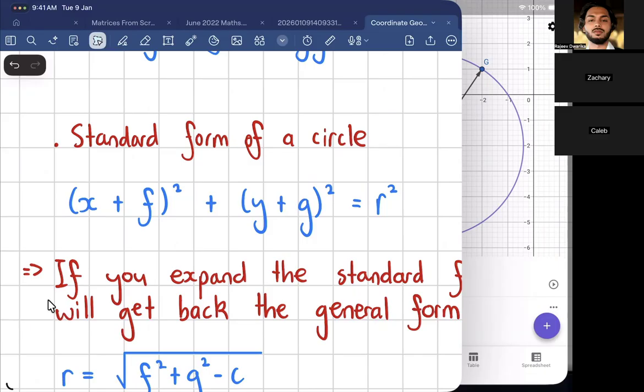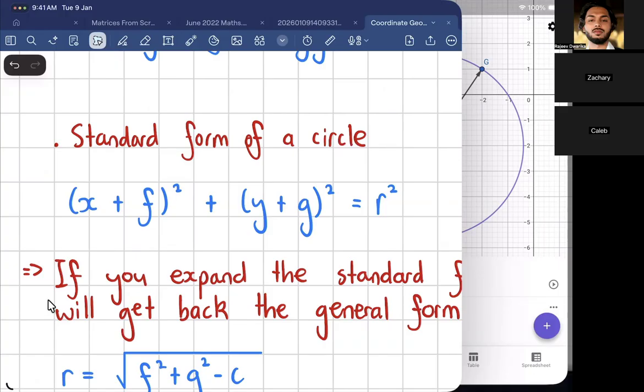Do you know? The main things you need to know about a circle are the center of the circle and the radius. What do you think I could use f and g to figure out?